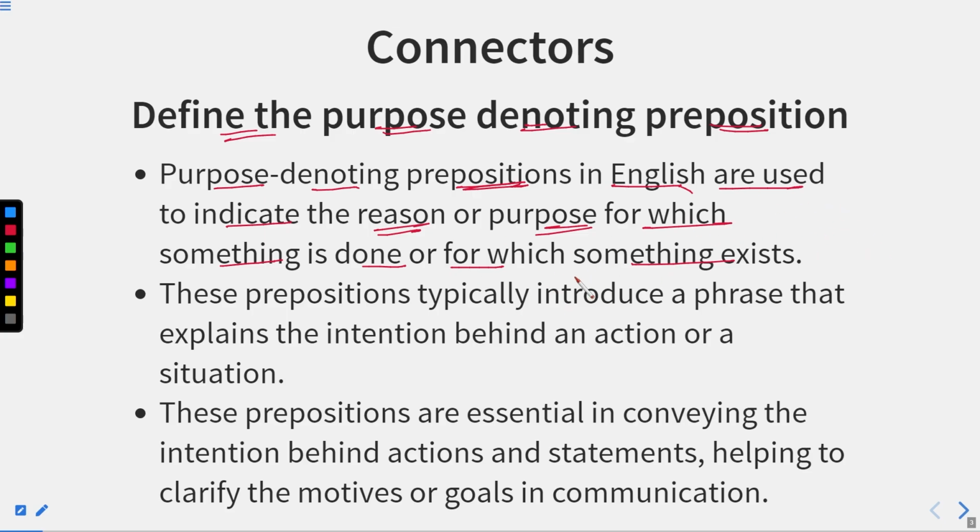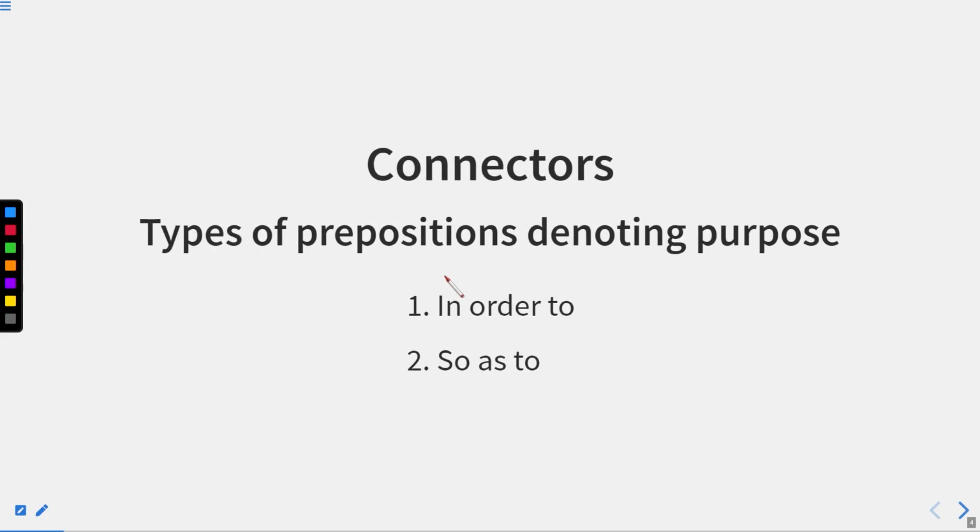We connect that particular purpose with this preposition. These prepositions typically introduce a phrase that explains the intention behind an action or situation. These prepositions are essential in conveying the intention behind actions and statements, helping to clarify the motives or goals in communication.